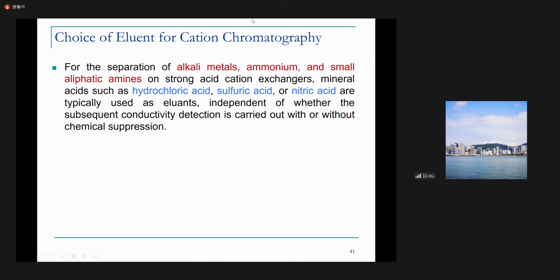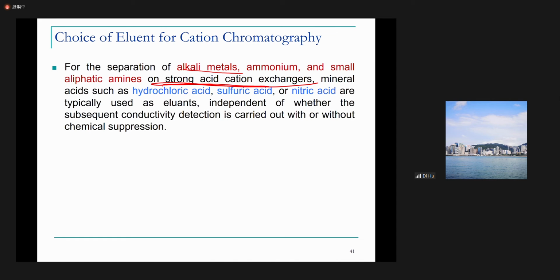But how about for simple ones? For the separation of alkali metals, ammonium, and small aliphatic amines on a strong acid cation exchanger, that is for very simple ones, singly charged ones.